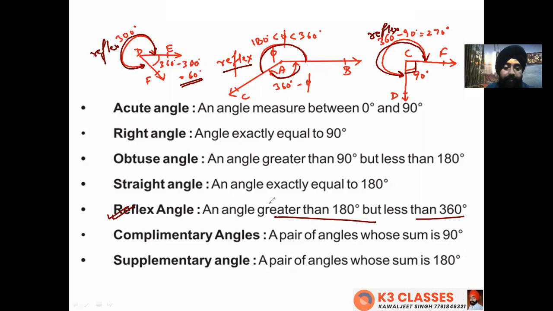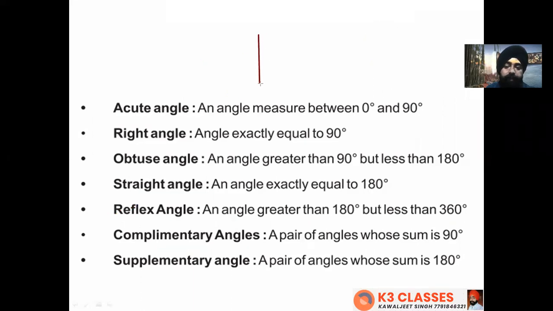Now, what are complementary angles? The angles whose sum is 90 degree. Let us see how we show complementary angles. Here we can see that this is 90 degree. Suppose we divide this angle into two parts, they may be equal or may not be equal.